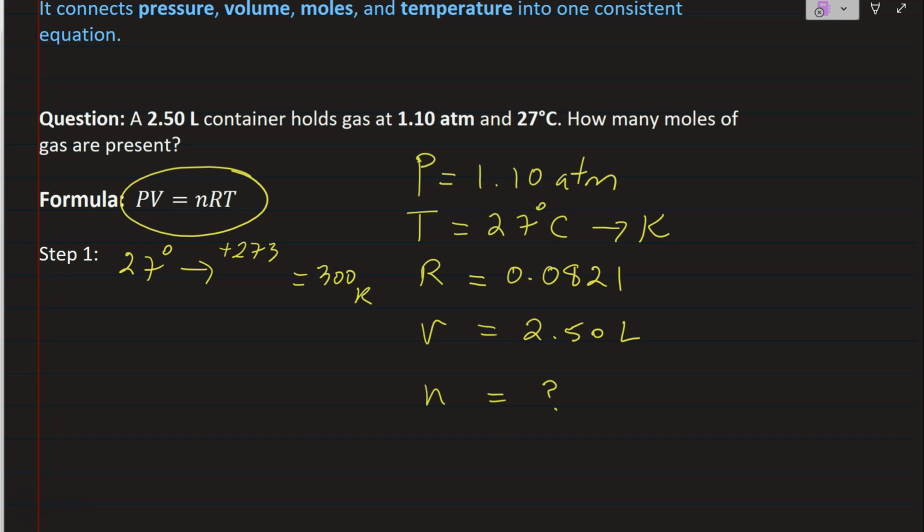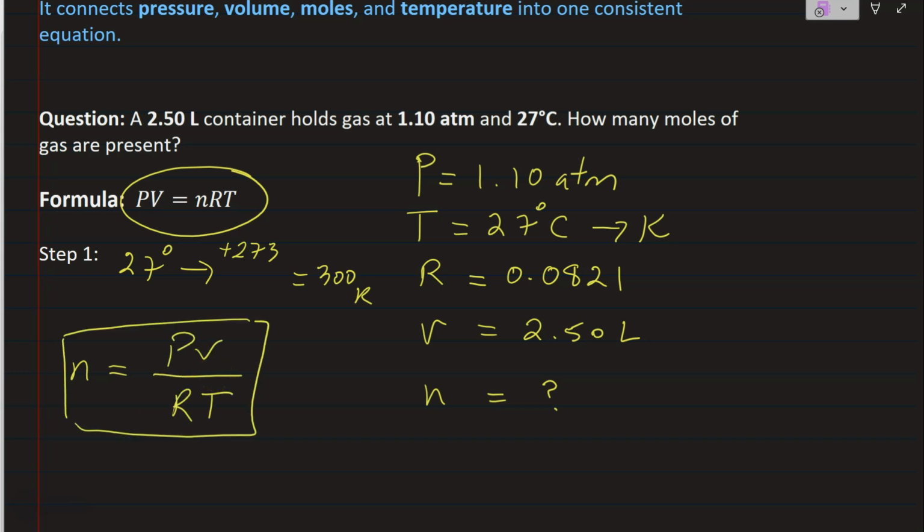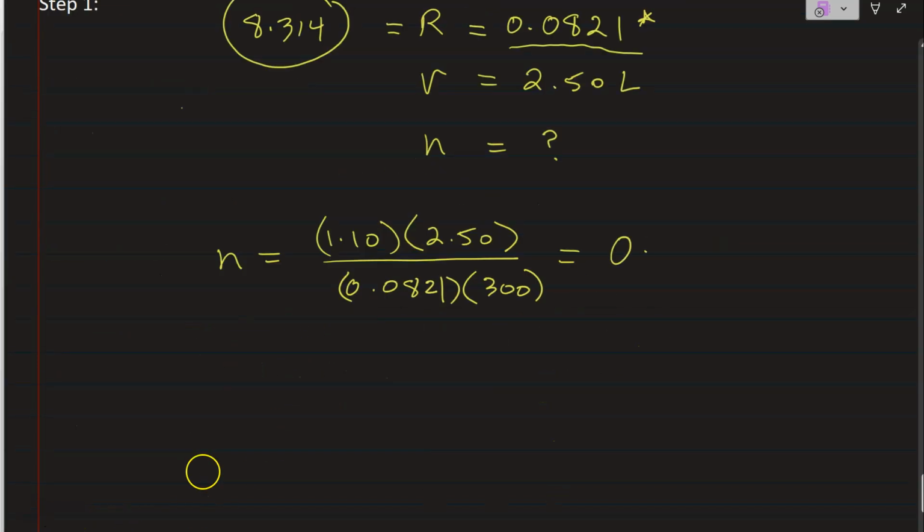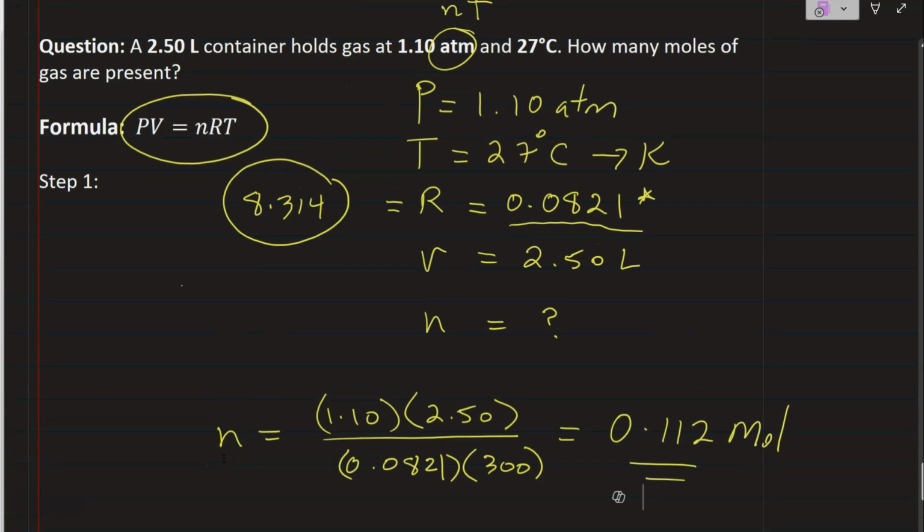Now we want to solve for n in that formula, so you divide both sides of the equation by RT in the ideal gas law. We plug numbers in and we get 0.112 mole. That is the number of moles for this container at this specific pressure and this specific temperature.